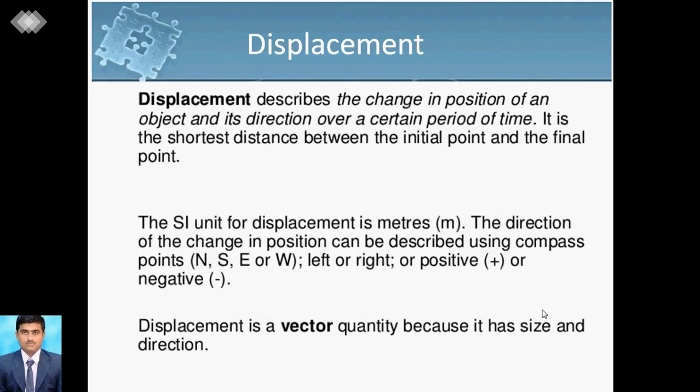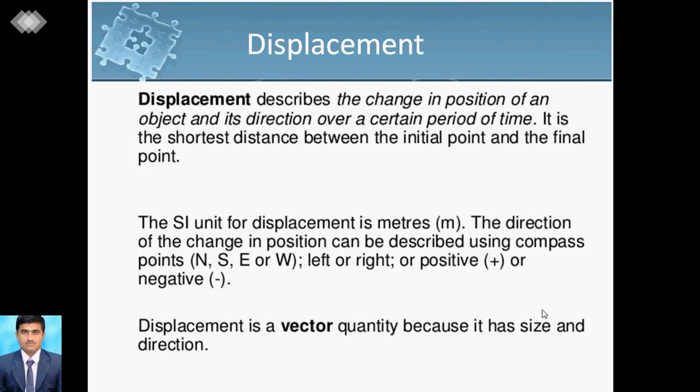Now the next term is displacement. Displacement describes an object changing its position as well as its direction over a certain period of time. The SI unit is the meter, and customary units are kilometer, millimeter, and miles.